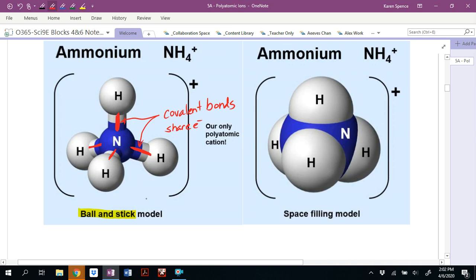We're getting covalent bonding because it is a non-metal and a non-metal. The space filling model is kind of useful because you get to see what the molecule or polyatomic ion would really look like.